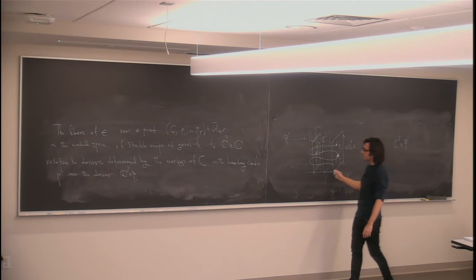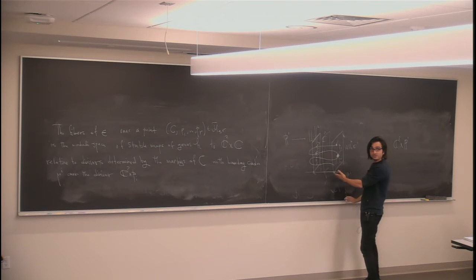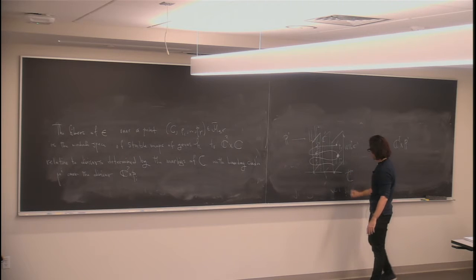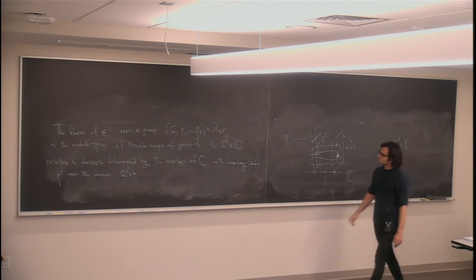If you look at this picture, the small quantum cohomology is realized by a certain Gromov-Witten theory of maps to this threefold with a certain relative condition along these divisors. This is exactly the same thing, except now we do it for every point of this moduli space.